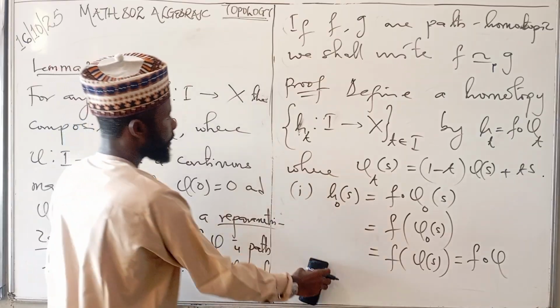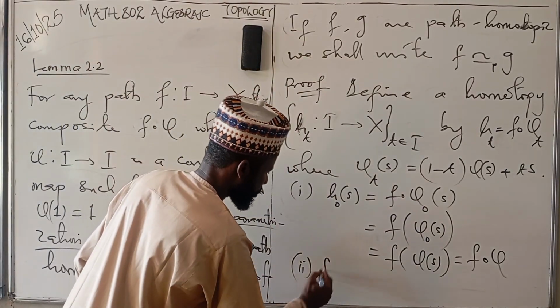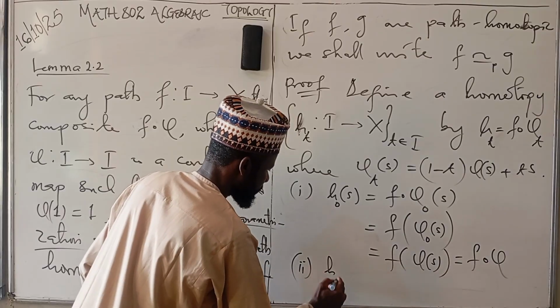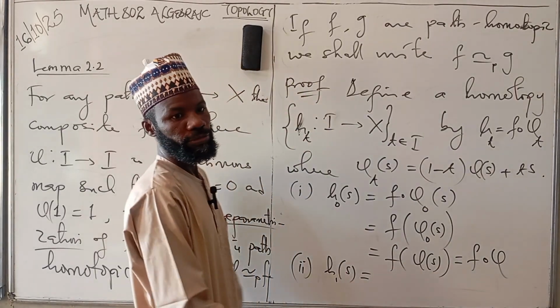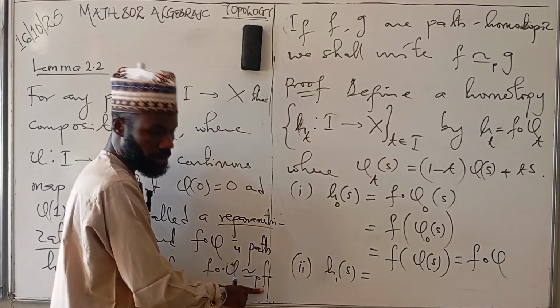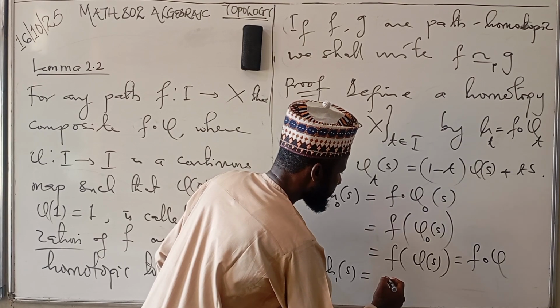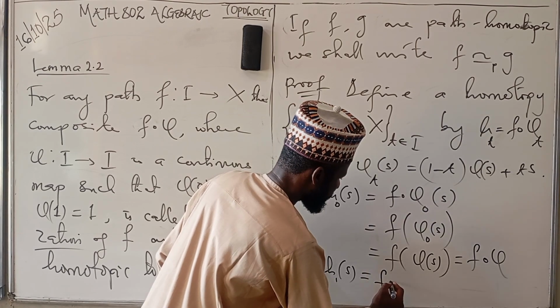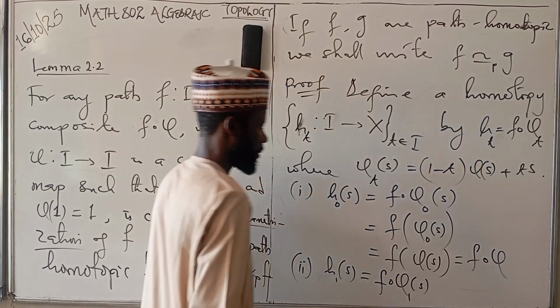Are you following? And then the next one is to check H1 of S, and we expect this to be F because we want this to be a homotopy from here down to F. So that would be what? Well, H1 of S, is that okay?